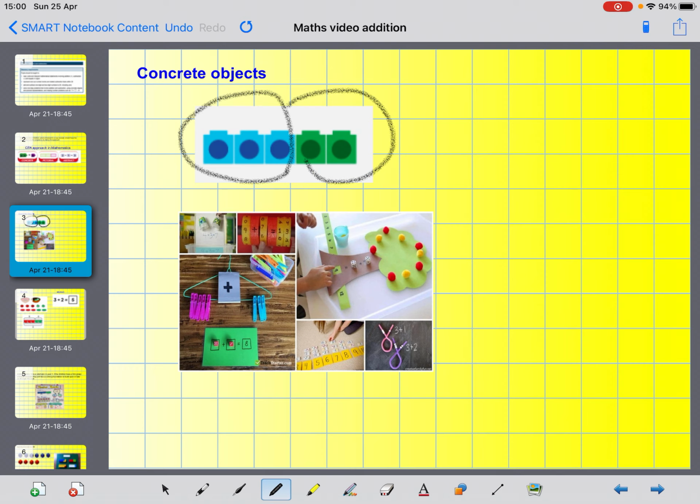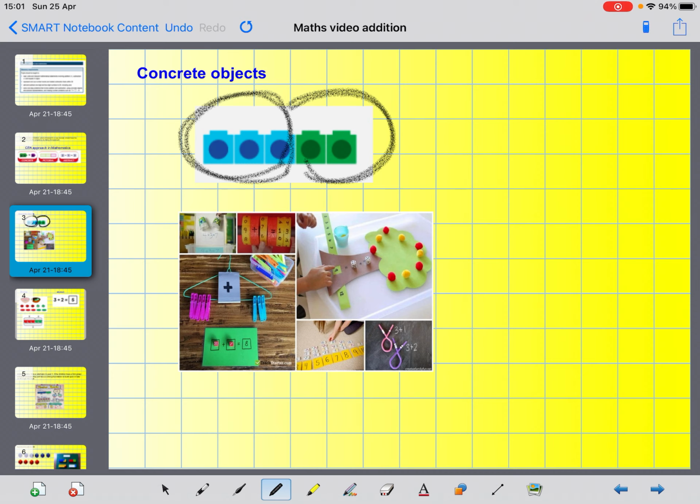So this is what we mean when we say concrete objects. Children can touch the objects and they can visually see there are 3 blue cubes and also 2 green cubes. And they can count them all together, which is 5.